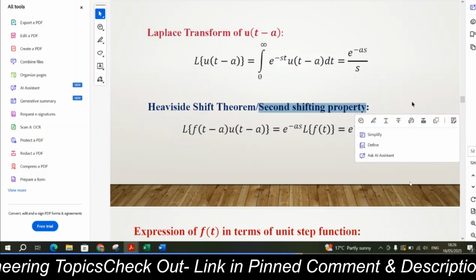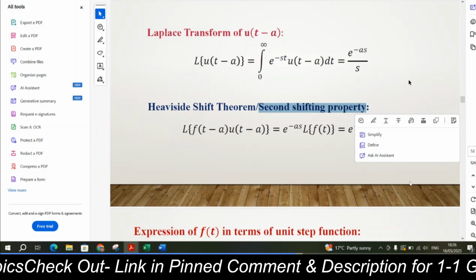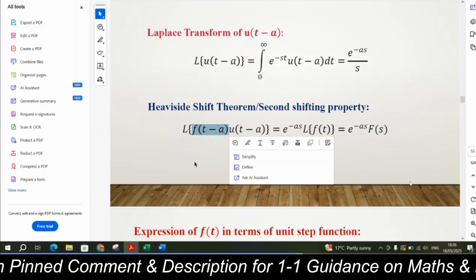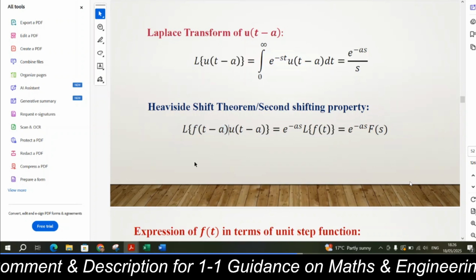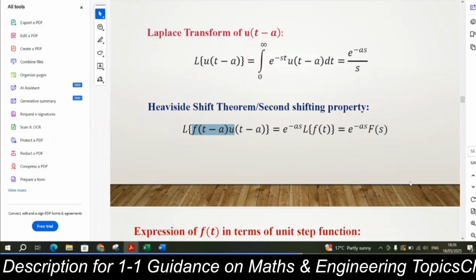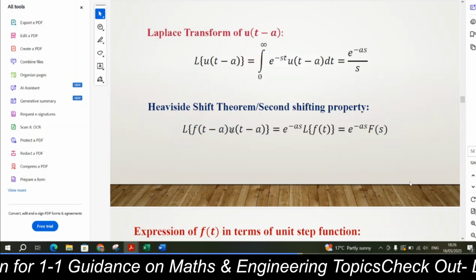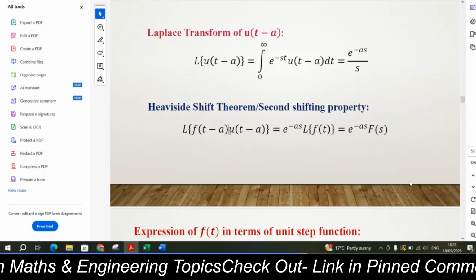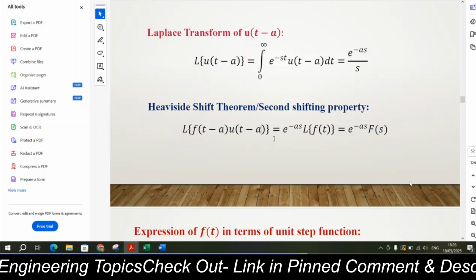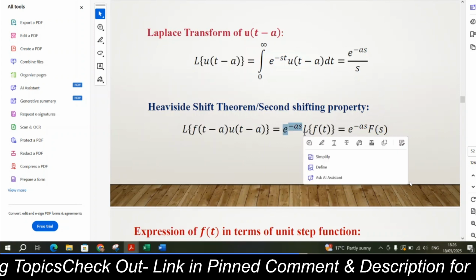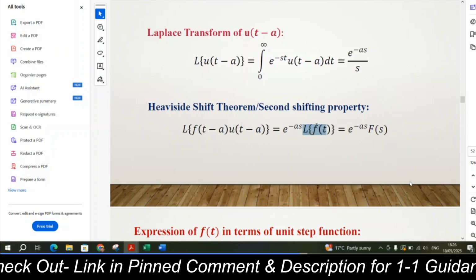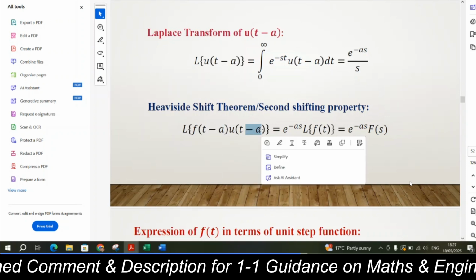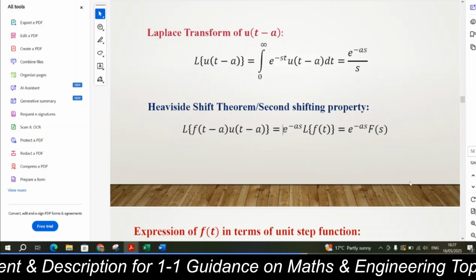Okay. Now that you have understood how the Heaviside function works, now we look at how you can use this in your second shifting property. What is the second shifting property? The second shifting property says if you have a function, not f of t, but f of t minus a, along with a Heaviside function u(t minus a), multiplied, it is as good as multiplying e raised to minus as to the Laplace transform of f of t.